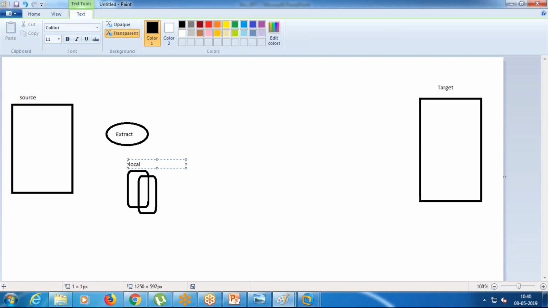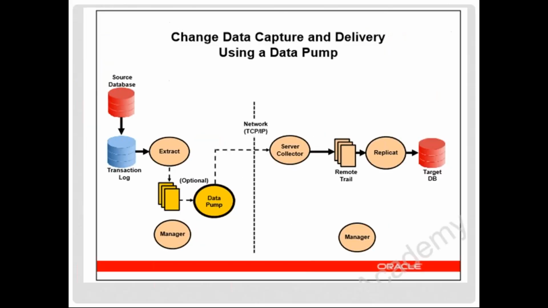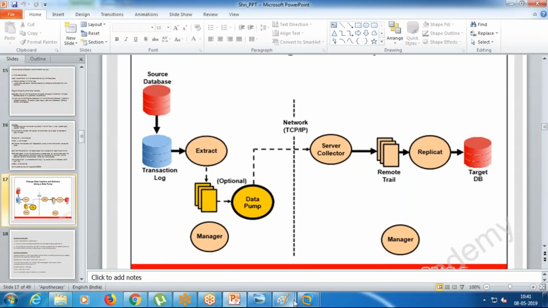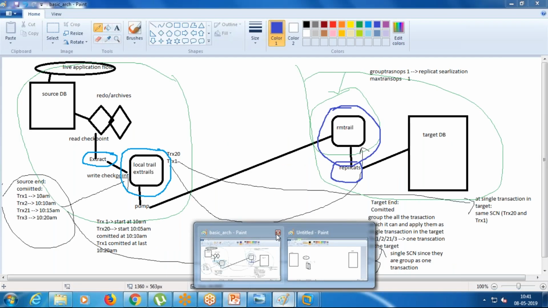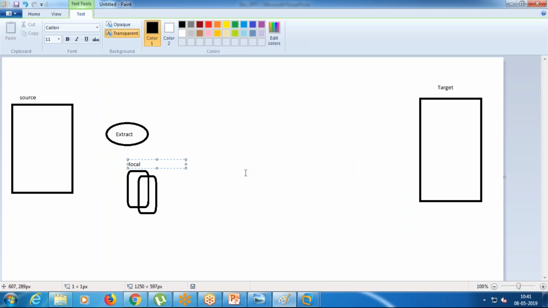Okay, sorry. Looking at this diagram here, we can see an additional process, the server collector. Up till now, let me draw the diagram again, it will be easy for me to explain. This is the source, the target, the extract, the local trail here.